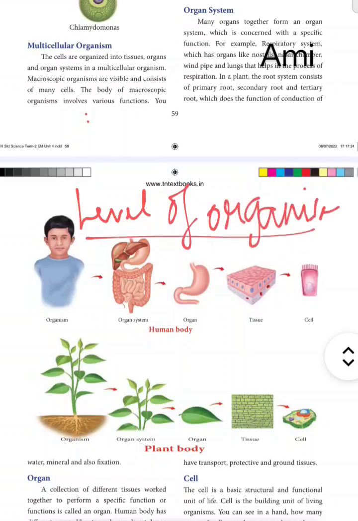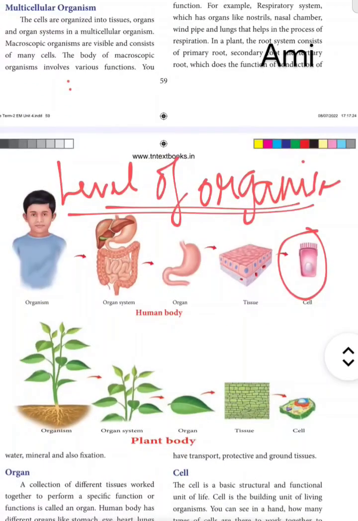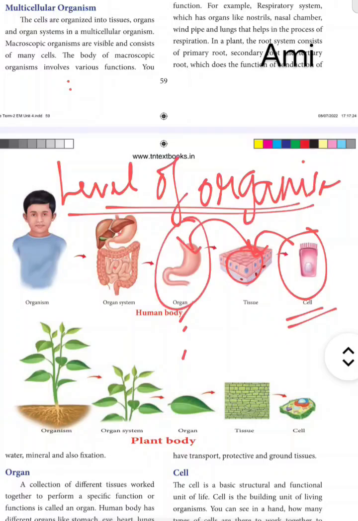Level of organization is the process where cells which are similar in structure and function will combine to form a tissue. The tissues which are similar in structure and function will form an organ like stomach, heart, liver, like that. A group of similar organs will coordinate together to form an organ system, and various organ systems will coordinate with each other to form a living organism.